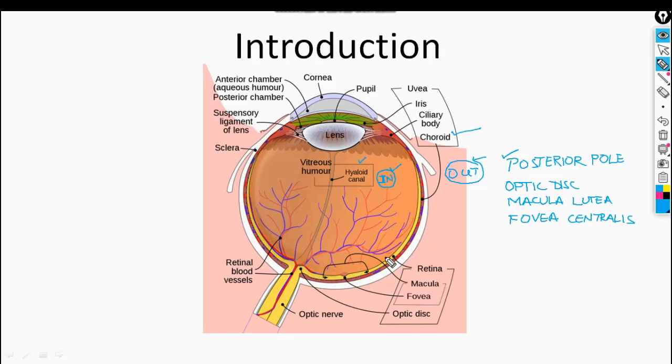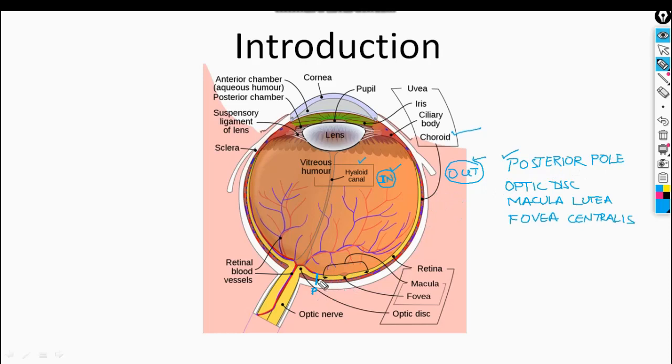Clear? In the center of this posterior curvature, this point is the posterior pole, and I am writing it as P, posterior pole.